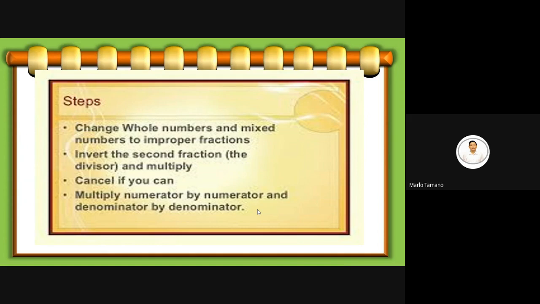So, kapag nagawa po ninyo yung tatlong keys natin, keep, change, and flip, it's the time you're going to multiply the numerators, multiply the denominators, and get its lowest term.